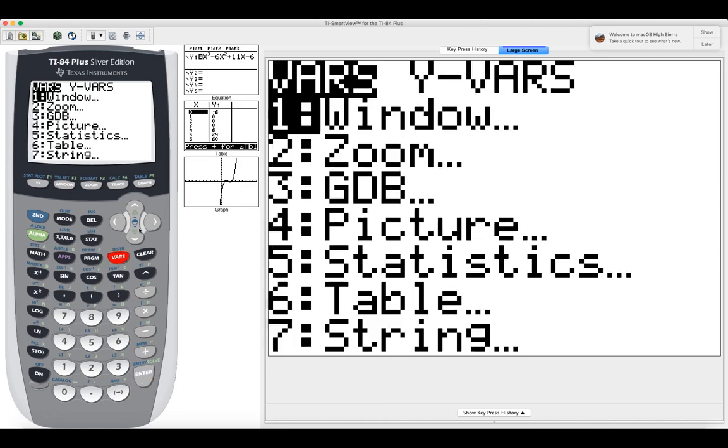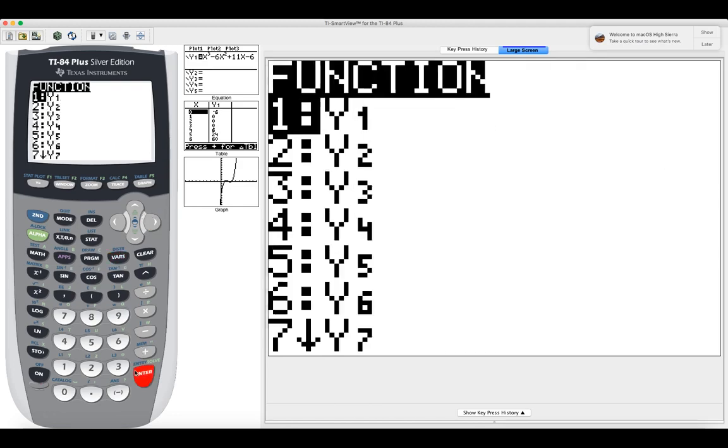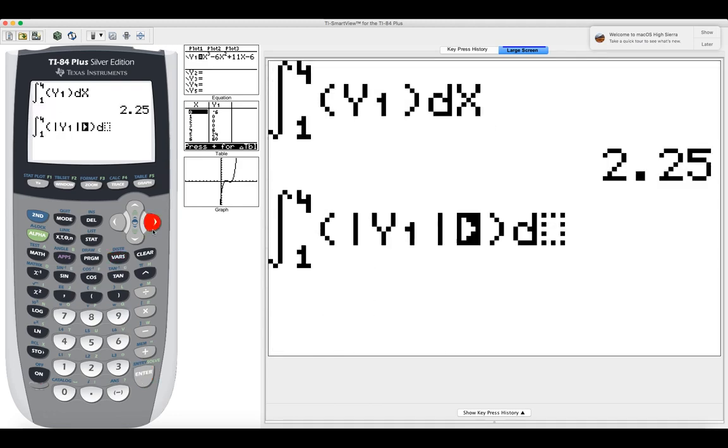So then I go vars, scroll to the right, enter, enter, and then I scroll to the right, go X. Oops, not B. Should be X. And then I hit enter.